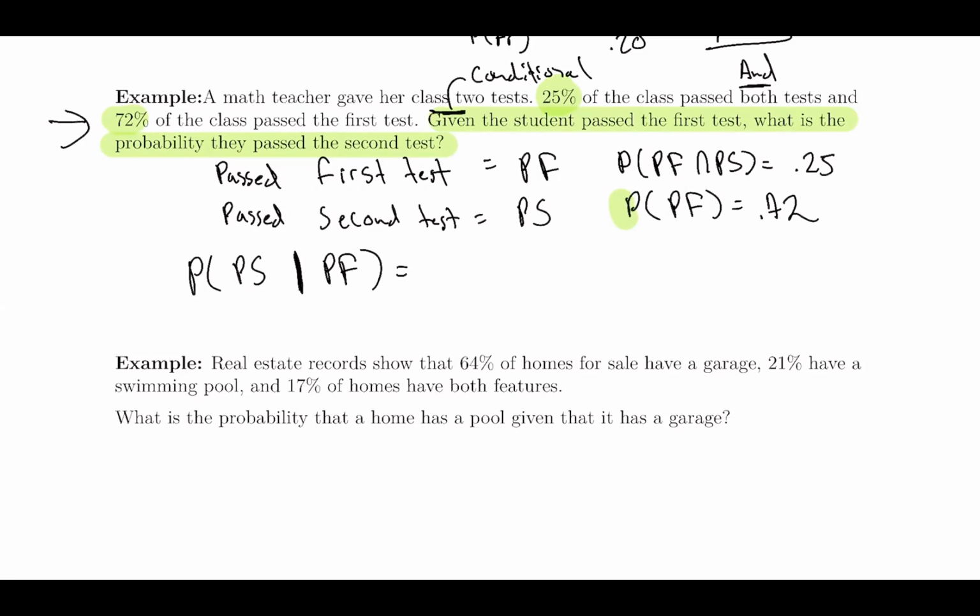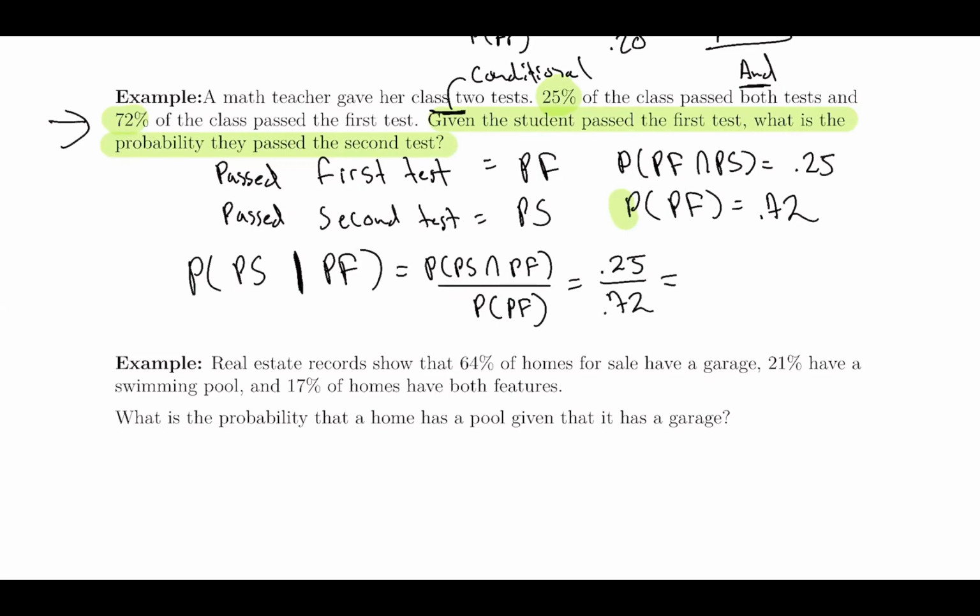All right. Everybody good so far with my notation? Okay. So let's go ahead and write this as the probability of S given F, which is P of S and F, all divided by the probability of F. If you look at this, we already have each individual value. So we have 0.25, and you divide that by 0.72.